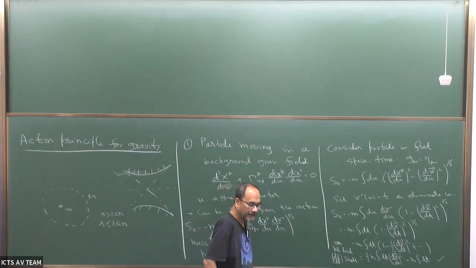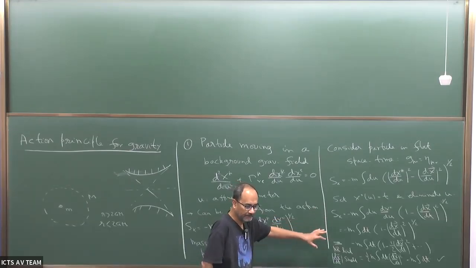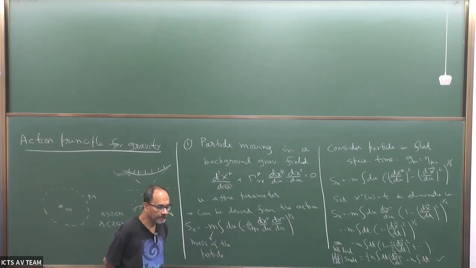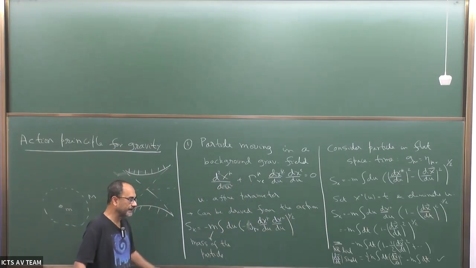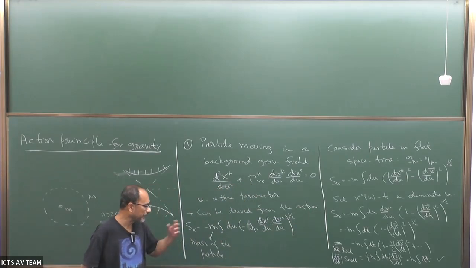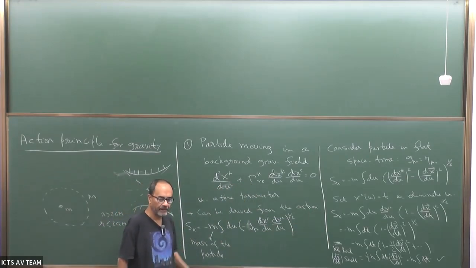You need to add more terms in the action. But in principle, everything should be derivable from an action. It's not guaranteed, but it's nice if you can derive it from the action, because particularly in the quantum theory, when you apply the path integral formulation, having an action is very useful.